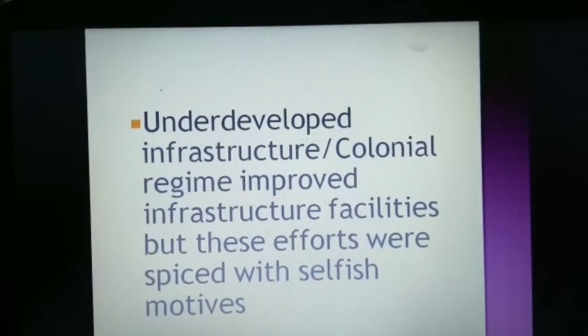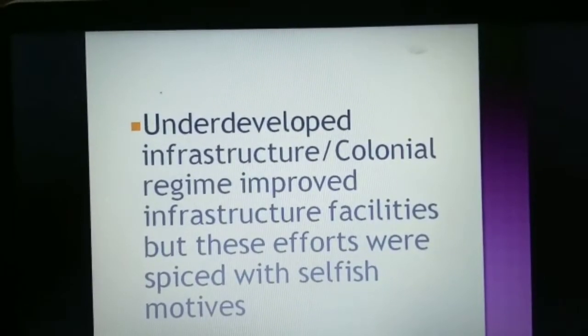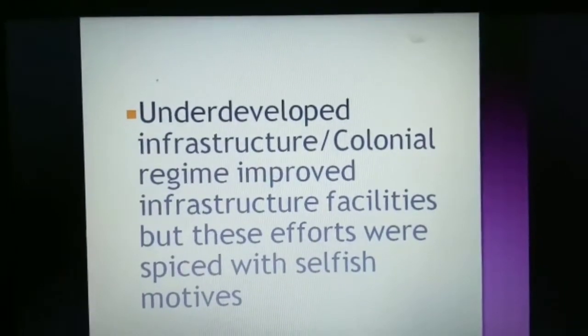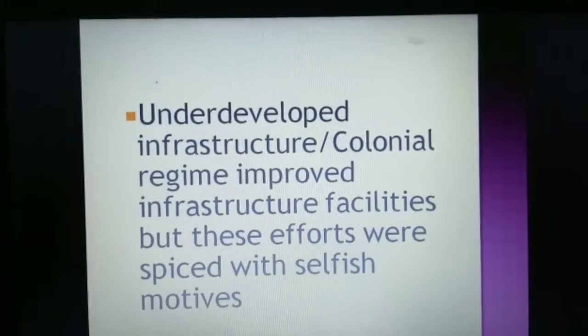So the last feature is underdeveloped infrastructure. The infrastructure facilities were improved, but these efforts were spiced with selfish motive.